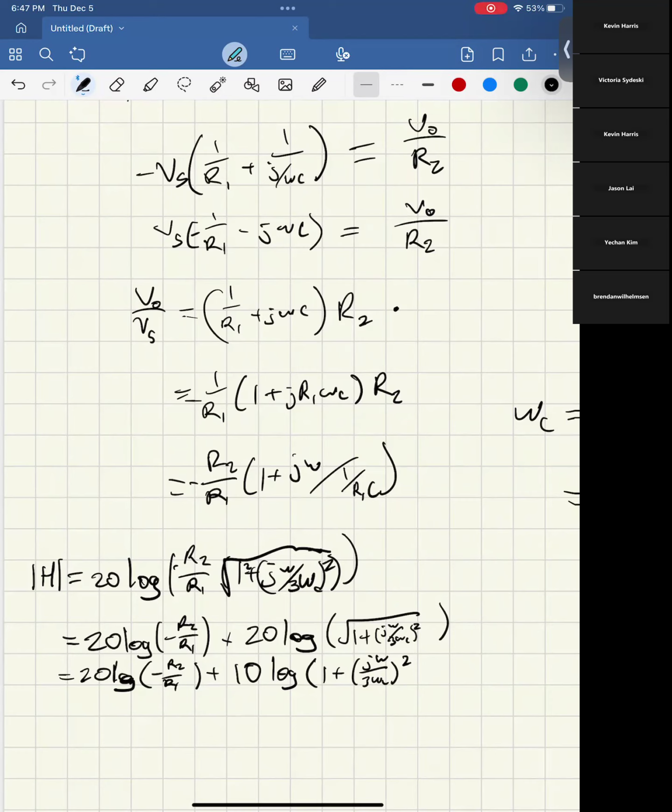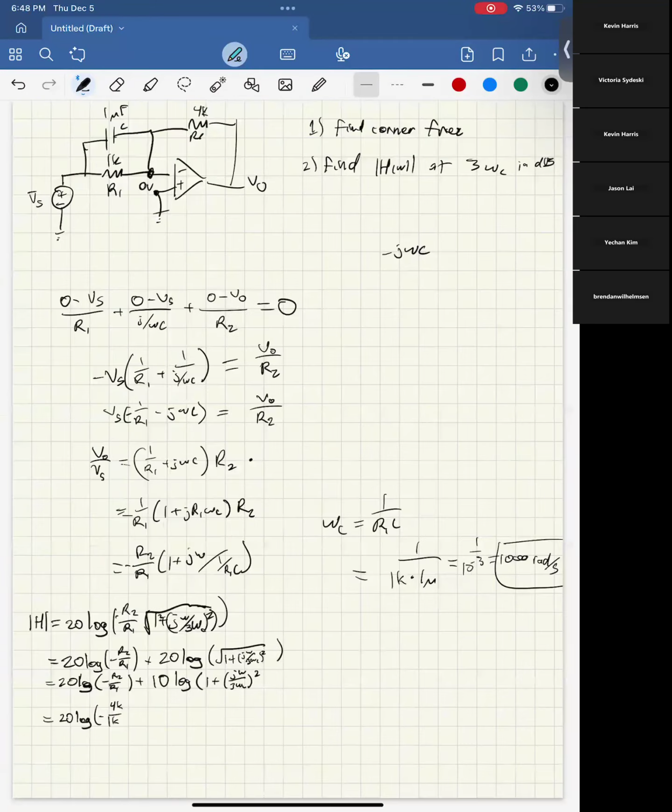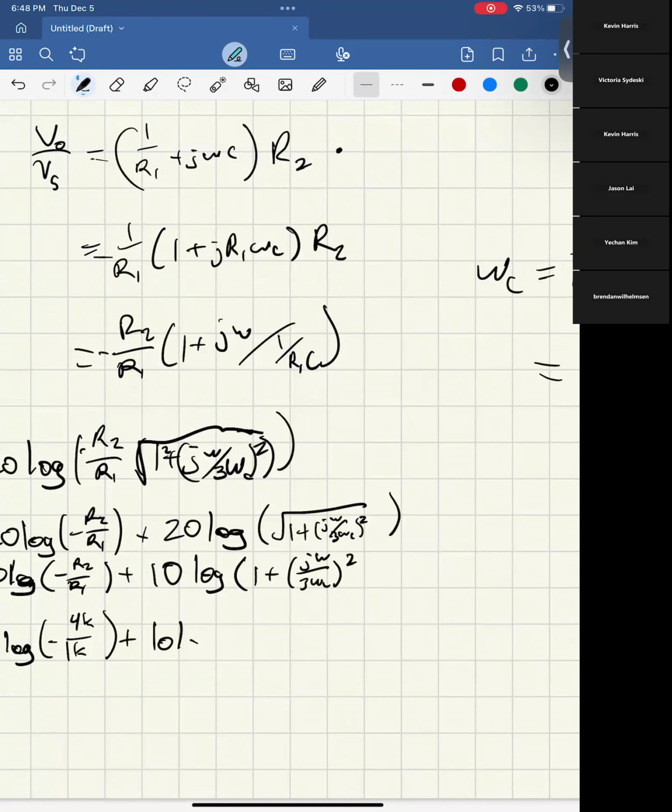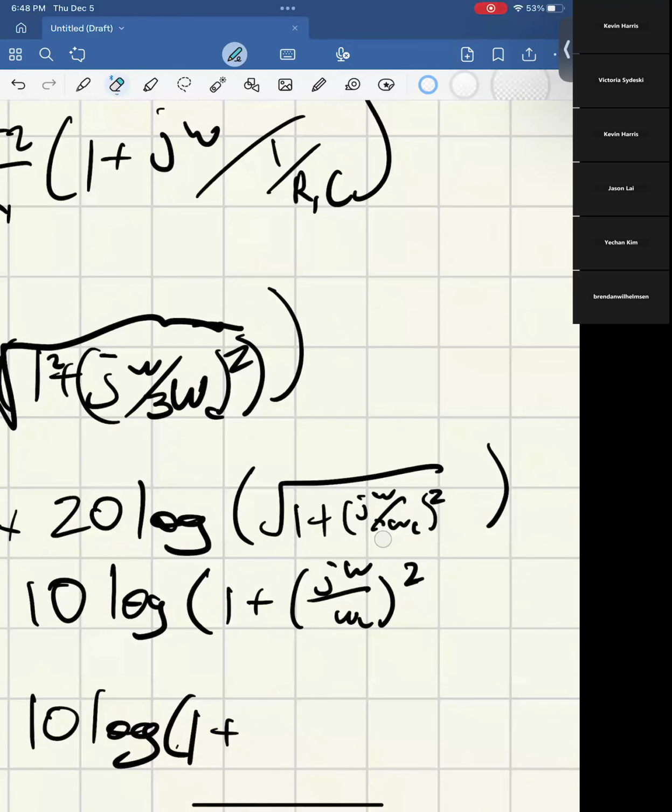So if we plug in R2 and R1, 20 log negative 4K over 1K, if we look back at that initial problem up here, plus 10 log 1 plus, and here omega would be, oh, this is not supposed to be a 3 because the corner frequency stays the same. Function stays the same. My fault.